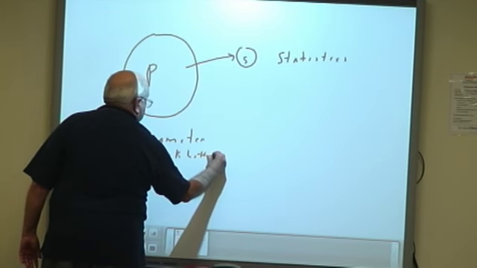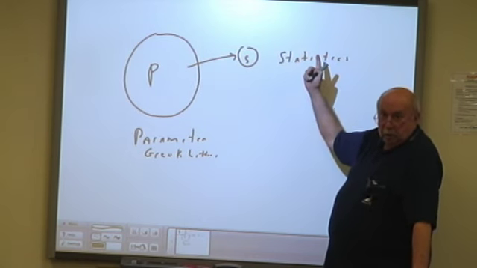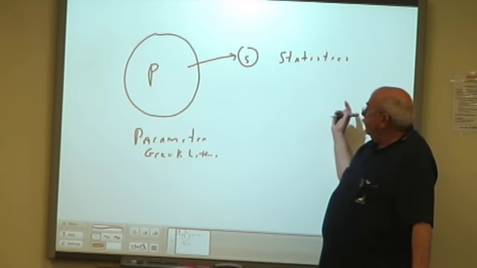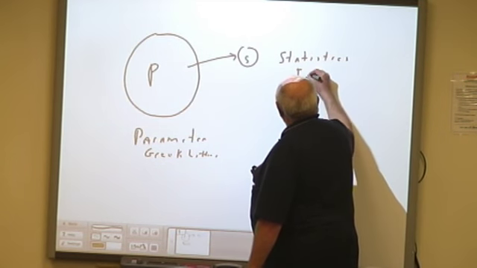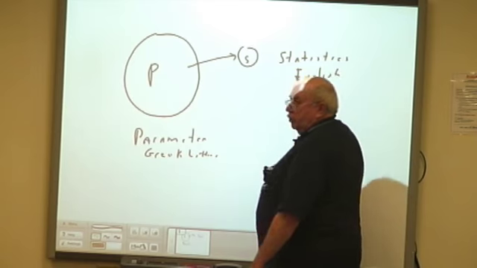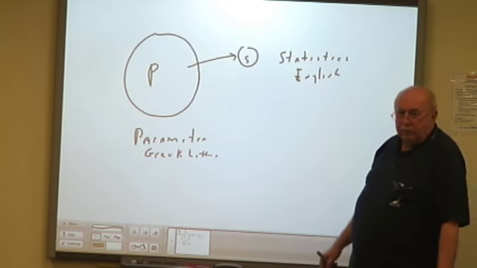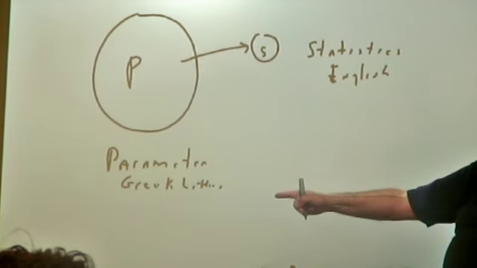Now, statistics are characteristics of samples, and this is going to be English letters. I'm sorry for the messy handwriting. So these are going to be English letters. Those are going to be Greek letters.